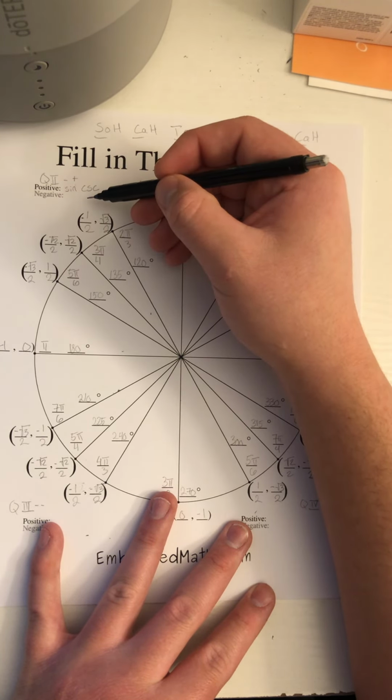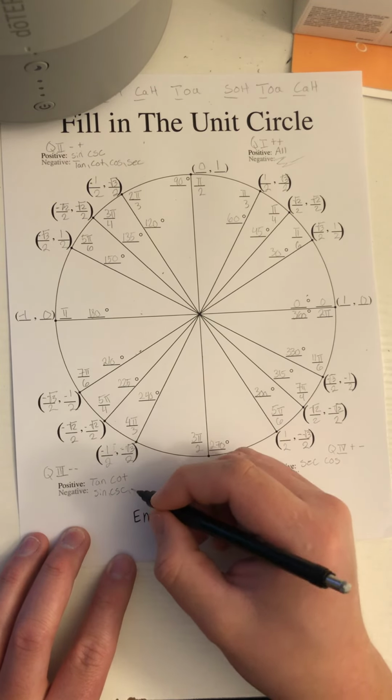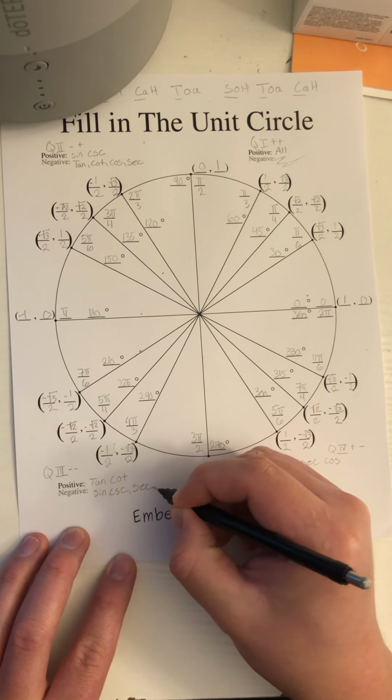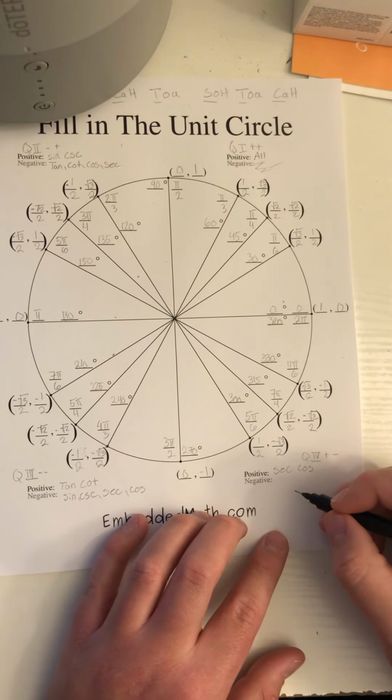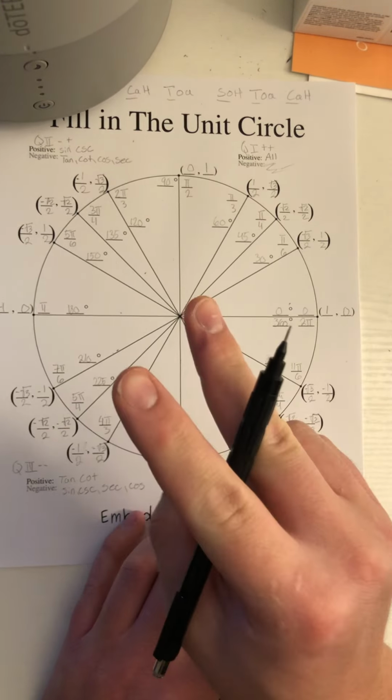So it's just going to be secant and cosecant. And then you go ahead and fill out the rest. So secant, cosecant, and then we're going to have sine, cosecant, secant, cosine.